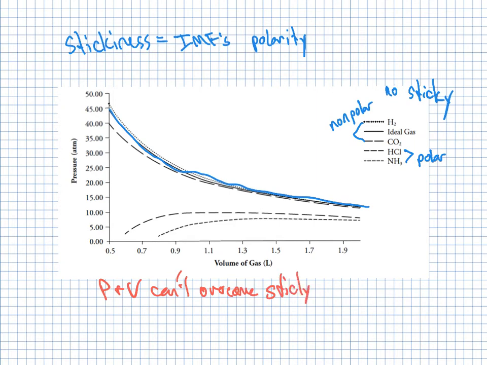So how do we overcome sticky? Think about it: stickiness means that particles are passing by each other. I have a particle going in this direction and a particle going in this direction, and as they come near each other, they get sticky right here. The way to keep them from being sticky is to make them faster. If you can make them faster, you can overcome the sticky.